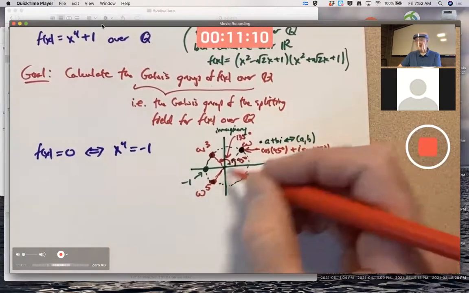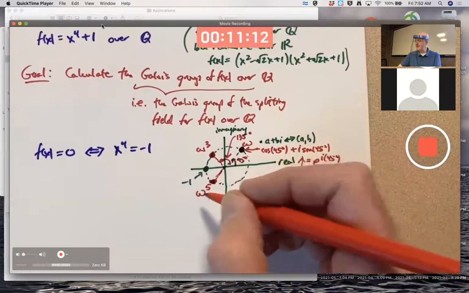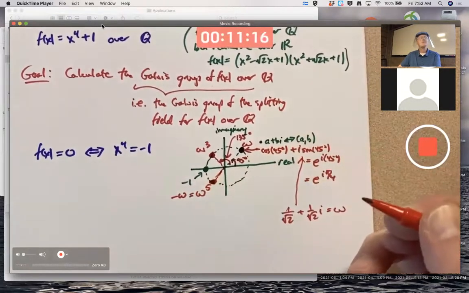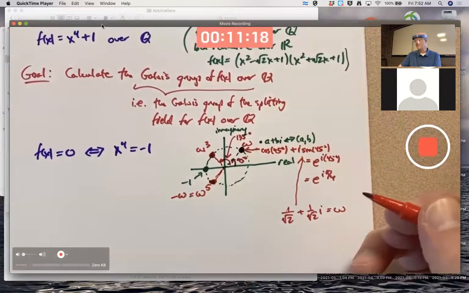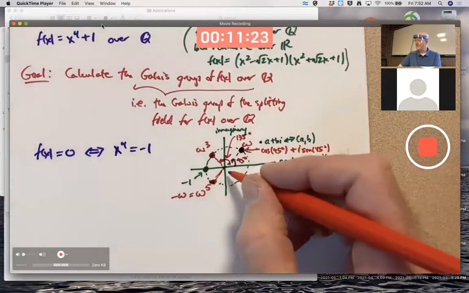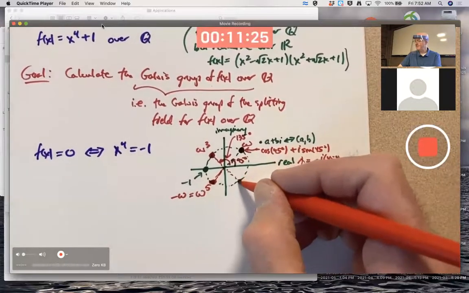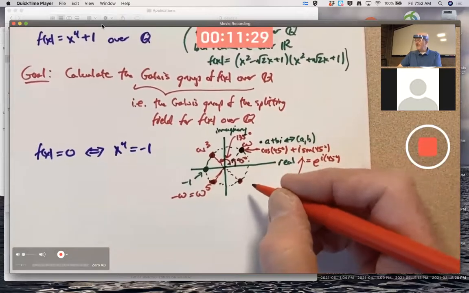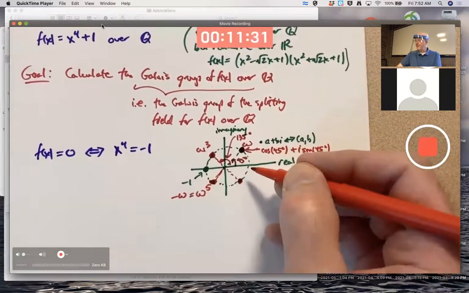And hey, it's also opposite across the origin from omega. It's also the additive inverse of omega. It's negative omega. That might be useful to know. And finally, the last one is over here. That's the last fourth root of -1.